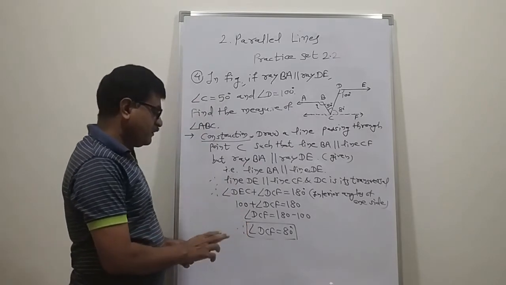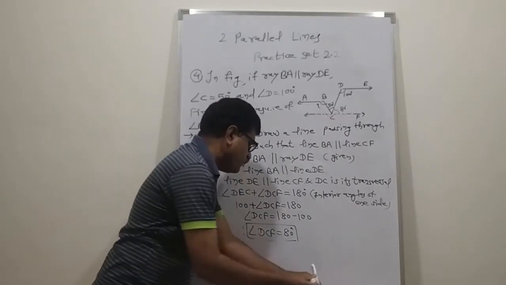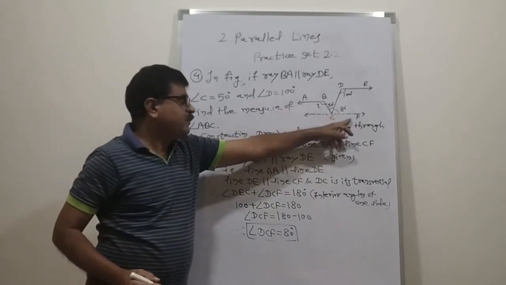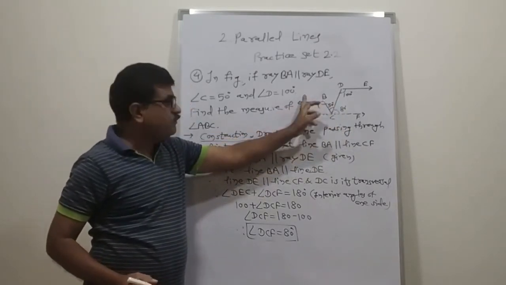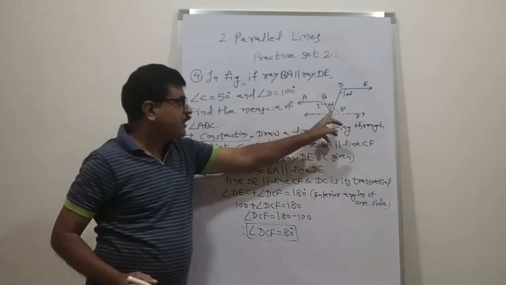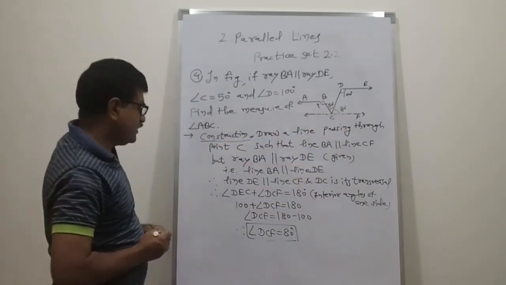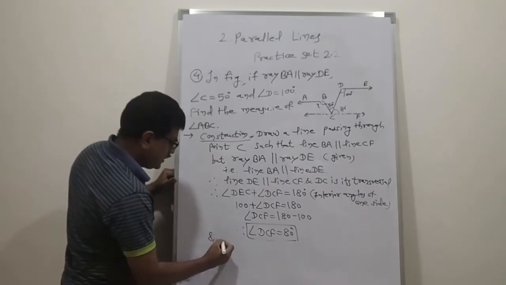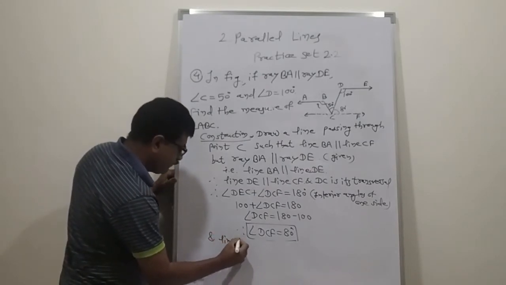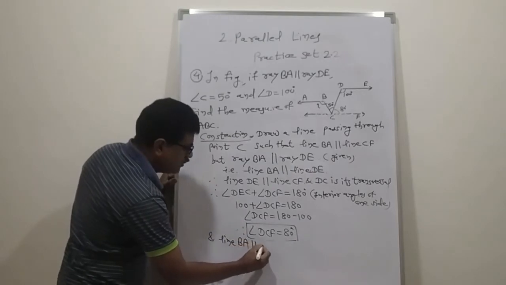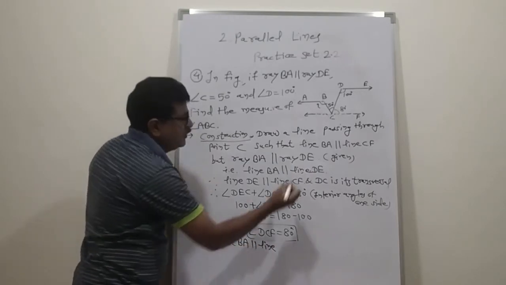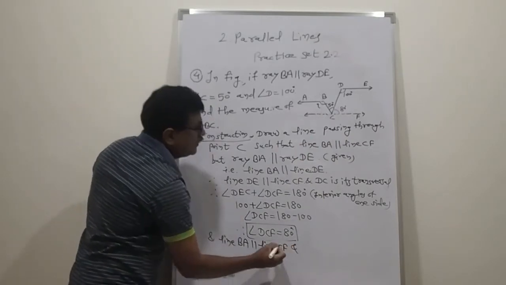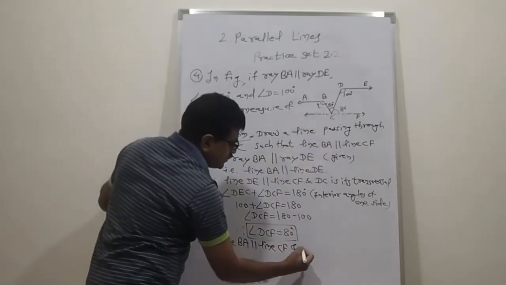Now from the figure we can write line BA is parallel to line CF, and BC is its transversal.